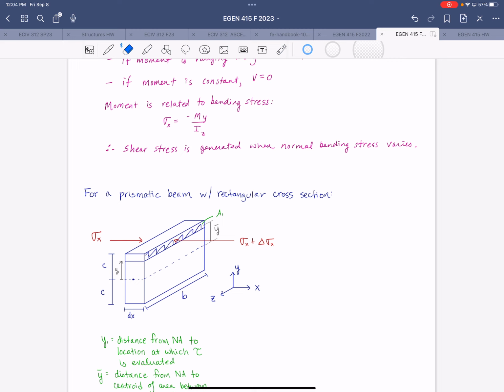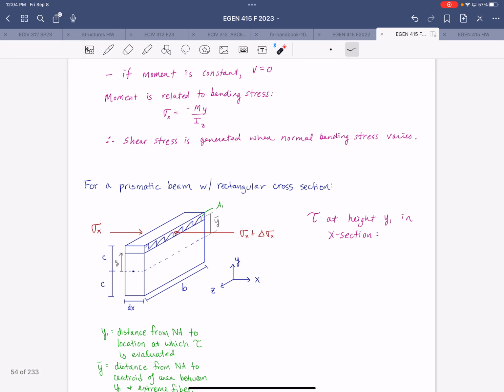So if we want to know the shear stress at this height, y1, noted in the sketch, the area shaded is shown. That is the area above that location where we're interested in the shear stress.